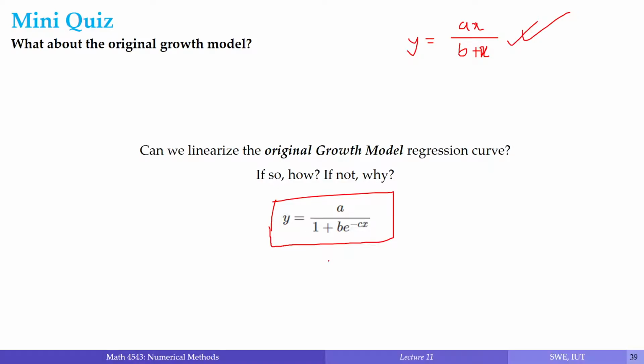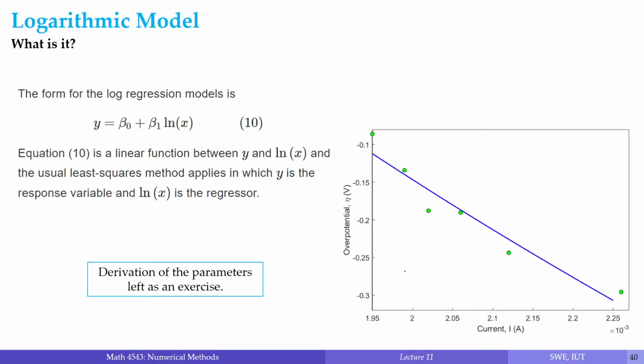Is there any way to linearize this growth model? If so, how? And if not, why? Just write your answer in the comment section of the post where I'll be uploading the materials for the video. If you can answer it correctly, of course, you'll get some bonus marks. Okay, let's move on.